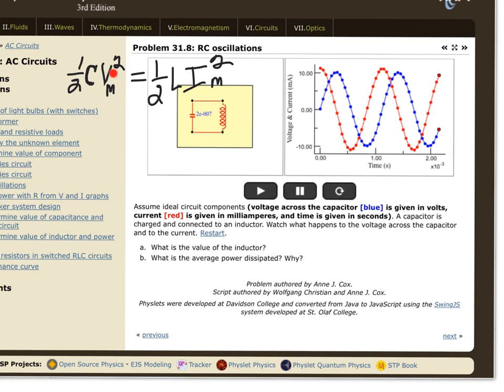And since we can measure Vmax and Imax from the graph, we can use this to calculate L. It's pretty easy to do the algebra. We can multiply both sides by 2, and L will be equal to Vmax squared over Imax squared times C.